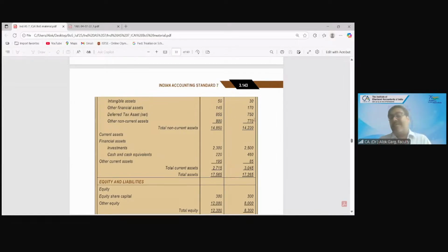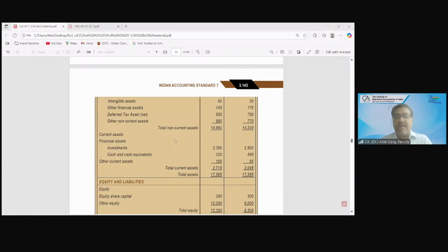So when we arrived at the taxes, there is an impact of deferred tax asset also. It has moved from 750 to 855. It means there is a deferred tax asset charged during the year. So this 105 of deferred tax asset charged during the year, either I can use here, or I can use as an income tax paid.